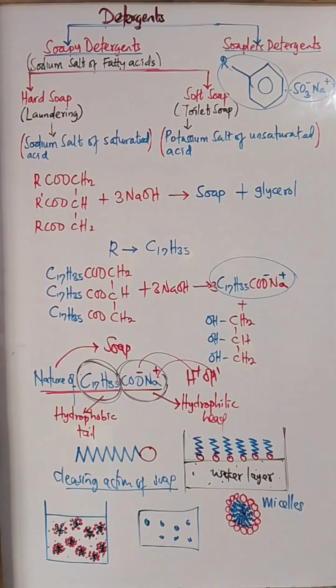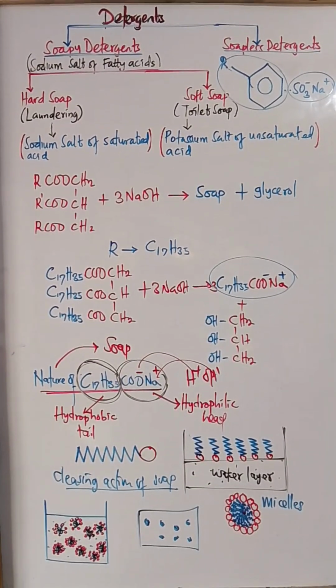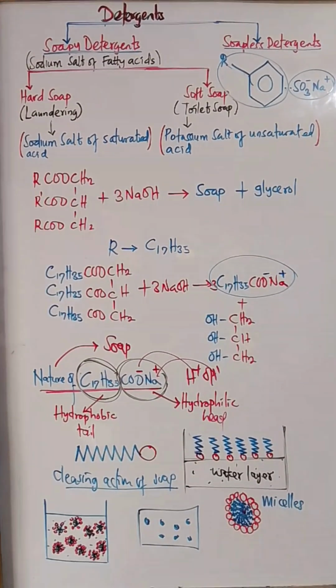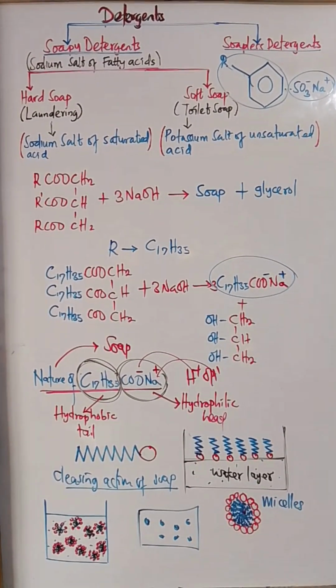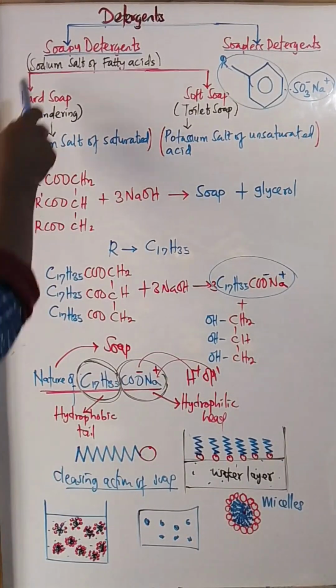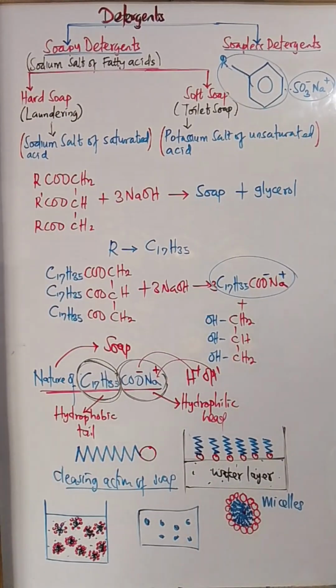So I think that's all about detergents, soap, saponification, hydrogenation and the likes. Now, before moving to the next family, which are aldehydes and ketones, there is a general problem about soap and detergents. When you say soap only, we are referring to soapy detergents, and when we say only detergent, most times we are referring to soapless detergents.